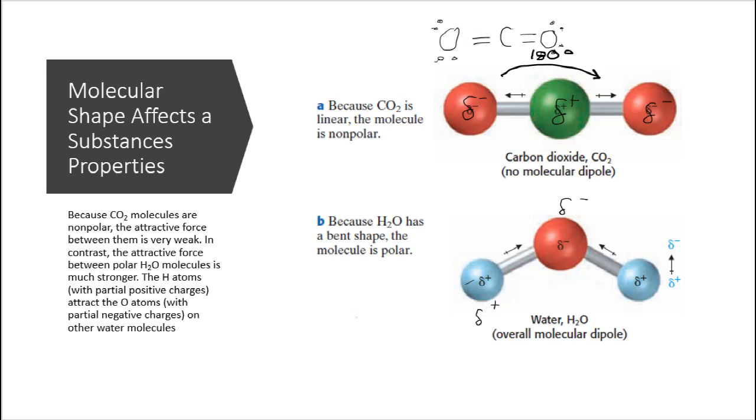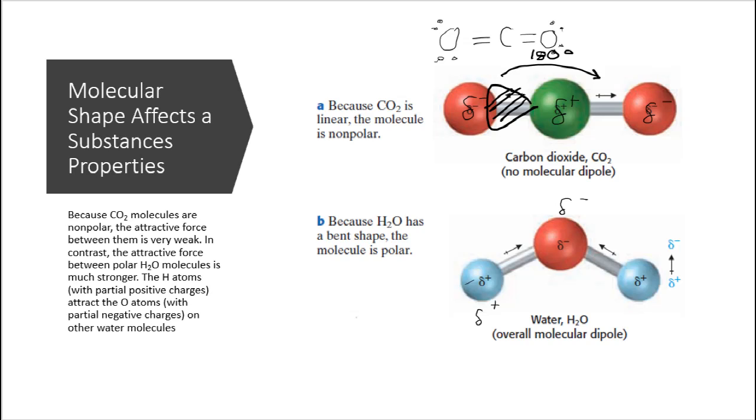Now, it turns out that in carbon dioxide, the carbon has a lower electronegativity than the two oxygens. So what does that do? It causes the covalent bonds to be closer.